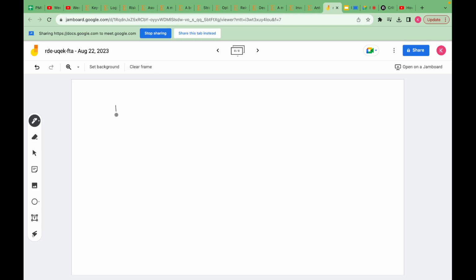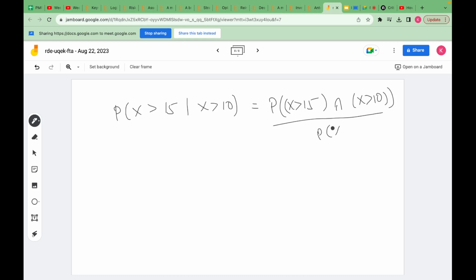So we can write it like this: the probability that x is greater than 15 intersection x is greater than 10, upon the probability that x is greater than 10.